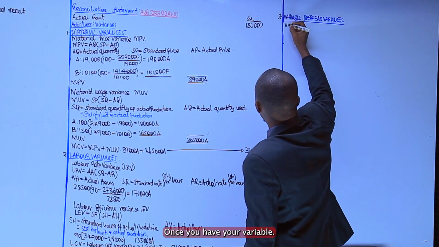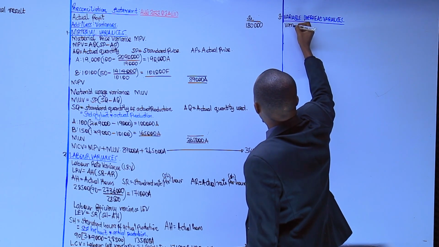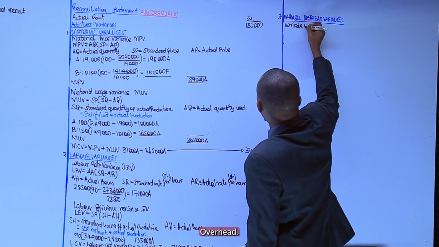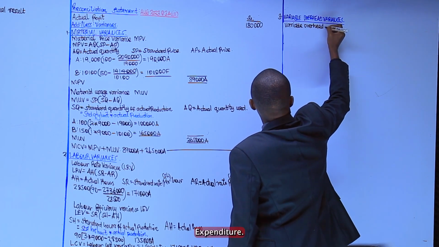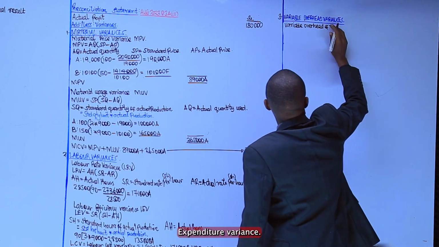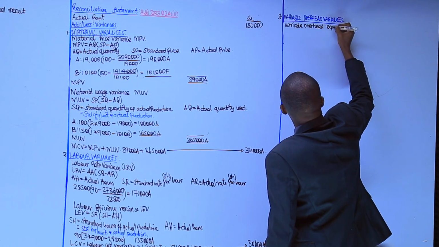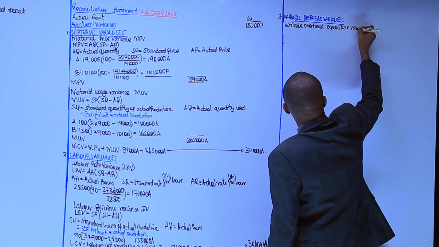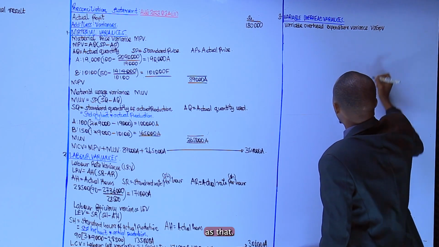You have your variable overhead expenditure variance, which I will simply refer to as that.